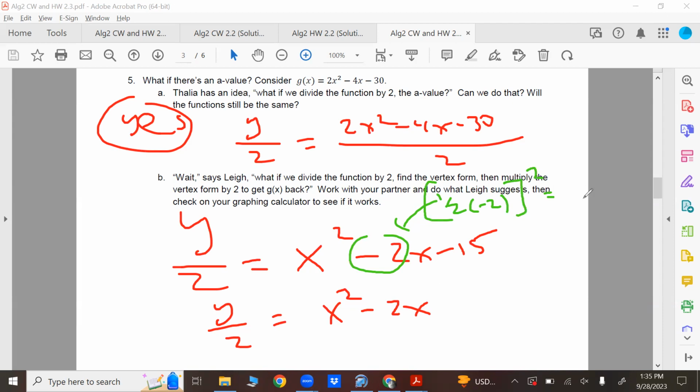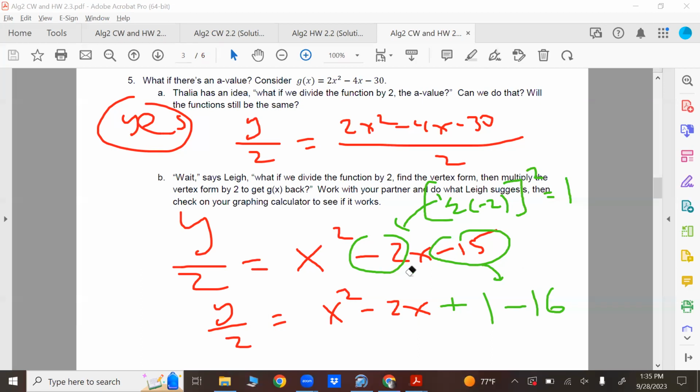What's half of negative 2 then squared? 1. Good. So I'm going to write this as plus 1 minus what number? One minus what number gets you negative 15? 16. Good. So it's the same thing.